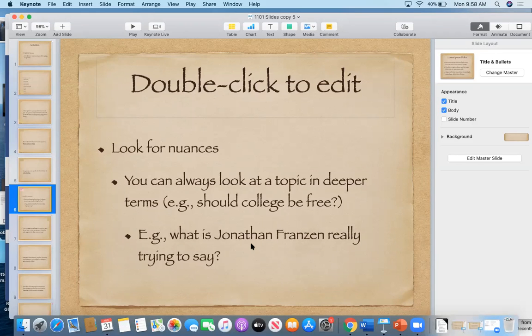And then I also gave the example of Jonathan Franzen, but this really applies to anything, not just authors. When you're looking at music, for example, take the famous song from the early 1970s, maybe late 1960s, called American Pie by Don McLean. You've probably heard it, even if you don't recognize the name. On the surface, it kind of sounds like, oh, these high school guys, and maybe it's a love story too.